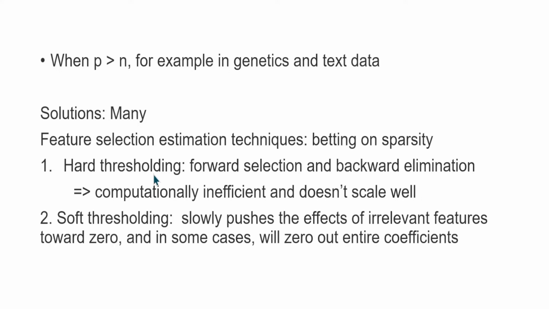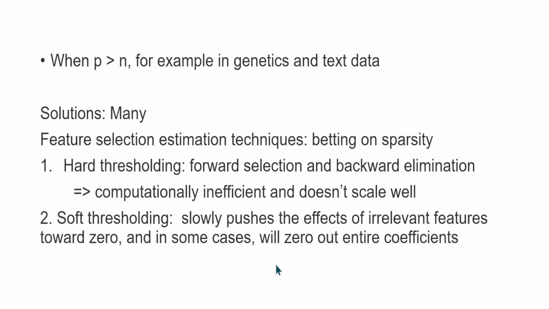So you try to find another solution, and that's the soft thresholding method. This soft thresholding method is a regularization technique. What it does is it slowly pushes the effect of irrelevant features towards zero, or in some cases it will zero them out, and then at the end you will only have the relevant features.